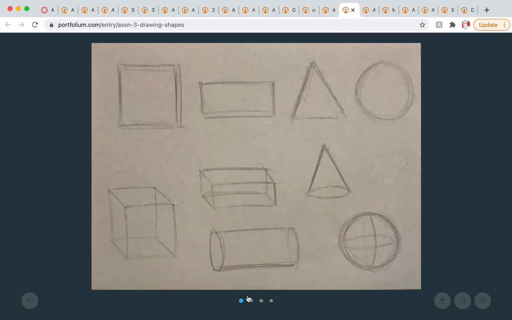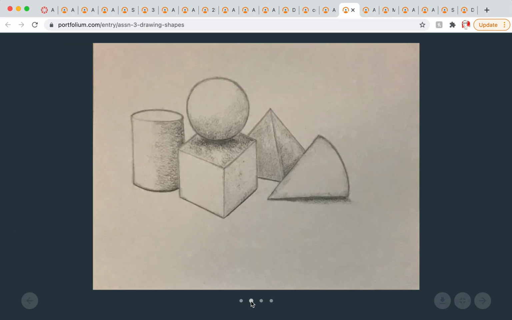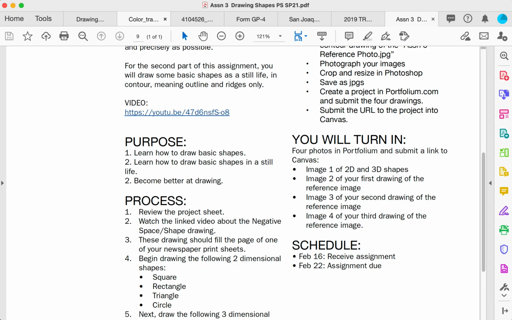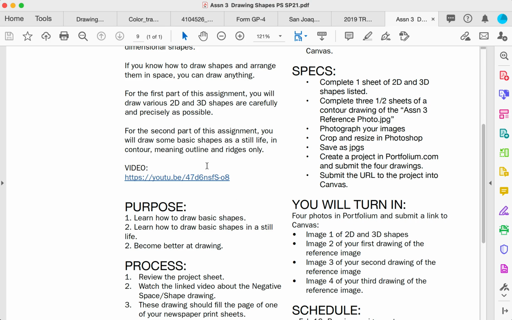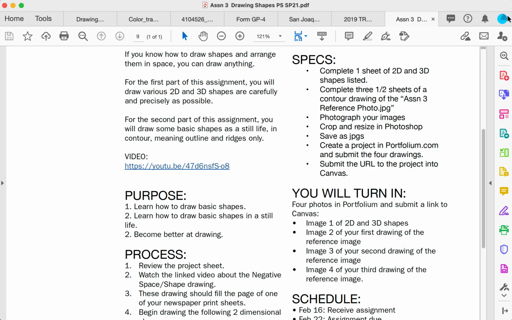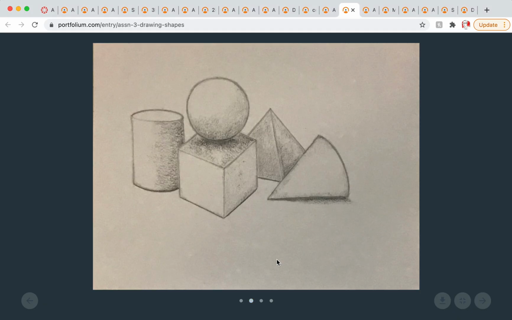Okay, good. 2D to 3D. No shading on these. I don't think we said there, in fact, I'm sure we said no. Outline and ridges only. Okay, so yeah, no shading.